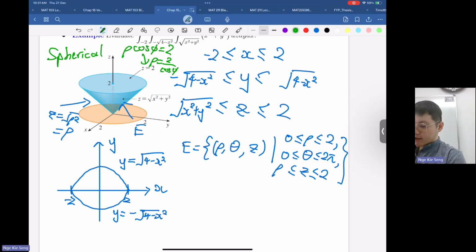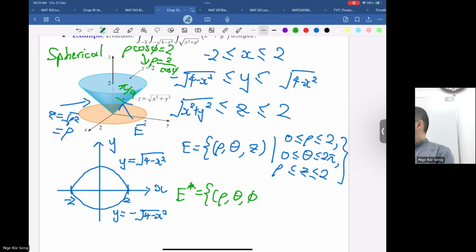And then theta is the same, 0 to 2 pi. You sweep out the whole circle here. And phi, we found just now already, is pi over 4. So I challenge you to try and do this, and let me know what you get.